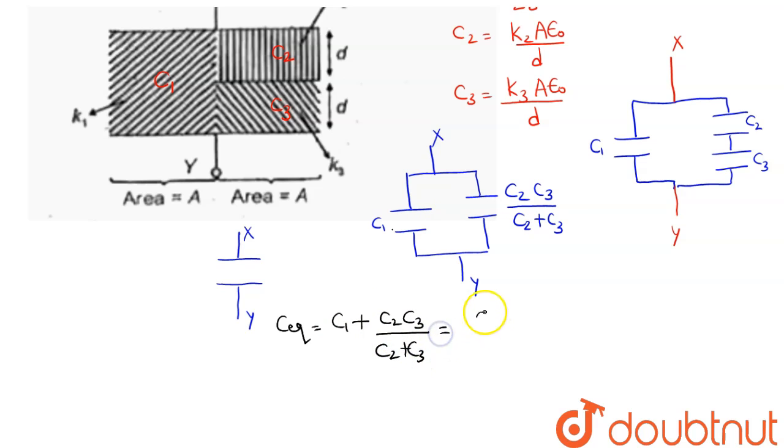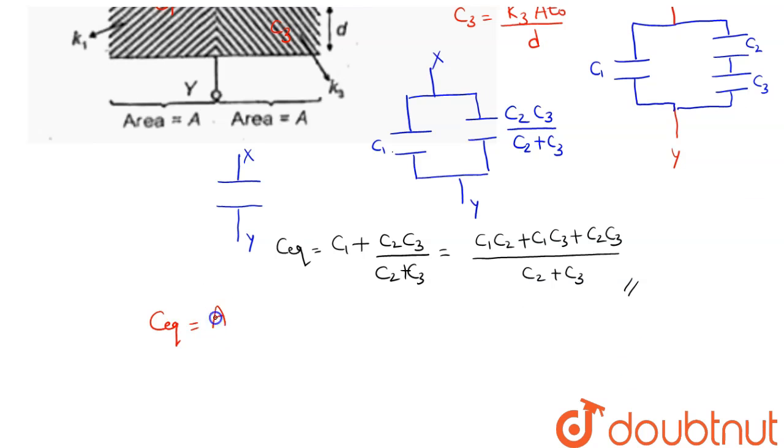Taking LCM this comes as C1 C2 plus C1 C3 plus C2 C3 divided by C2 plus C3. A epsilon naught by D comes out common.